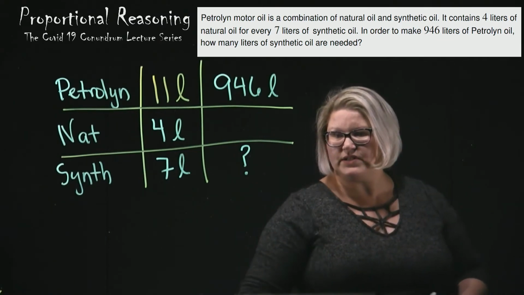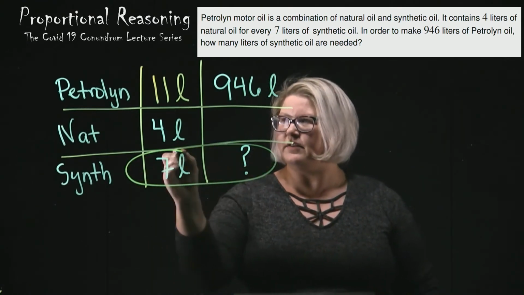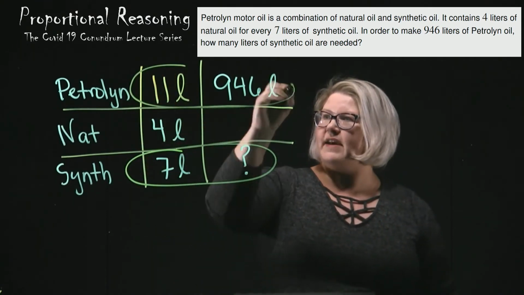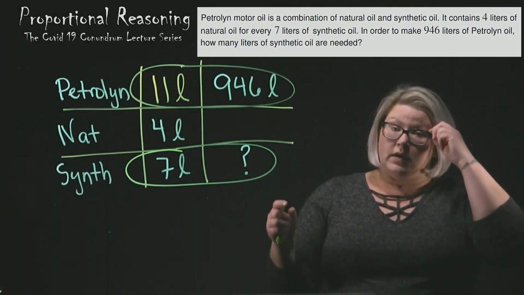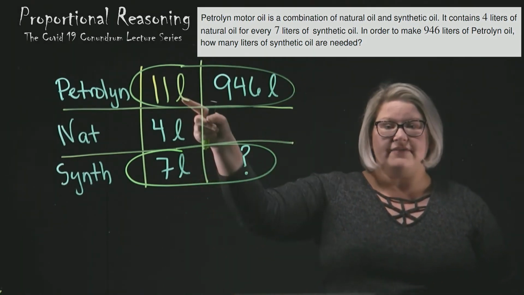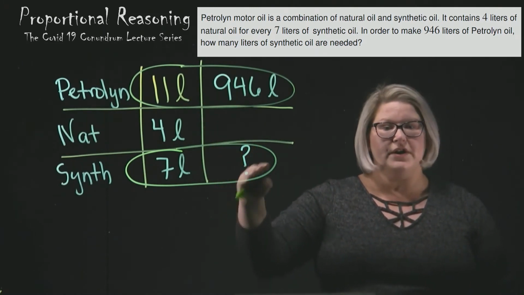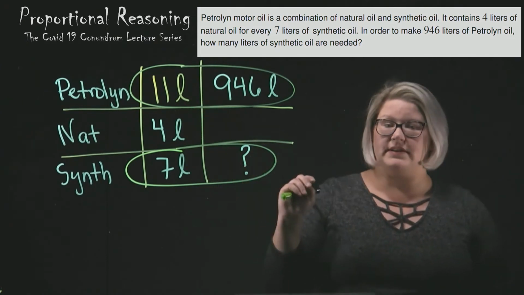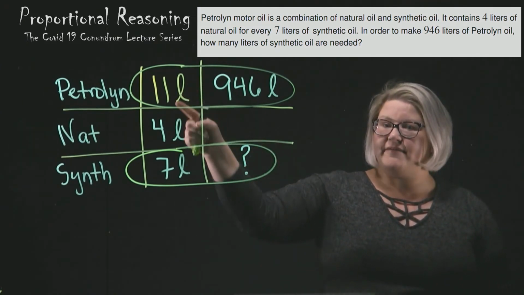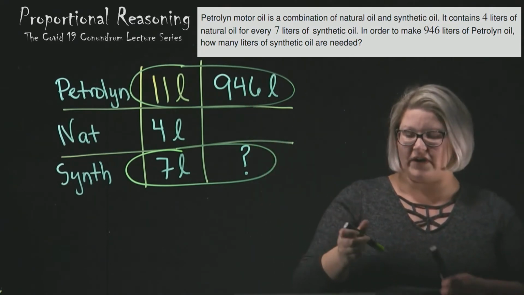Instead, what I'm going to use is this synthetic fact here and this petrolene fact here. If I take it as a table and I look at the complete facts, I've got this right here as a complete fact, and then this is what I'm looking for. So this is actually the proportion I'm going to set up. I'm going to take 11 over 7, and I'm going to set it equal to 946 over x.